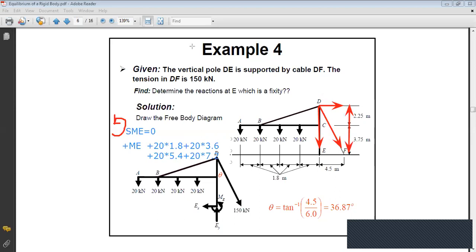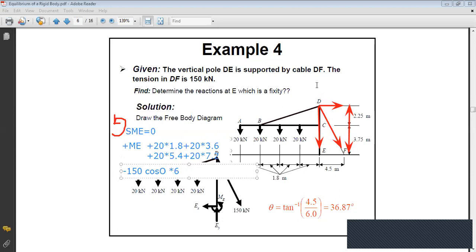Okay, so I should add to my equation minus the X component times 6, and the X component was 150 cosine theta. So it's minus 150 cosine theta times 6.